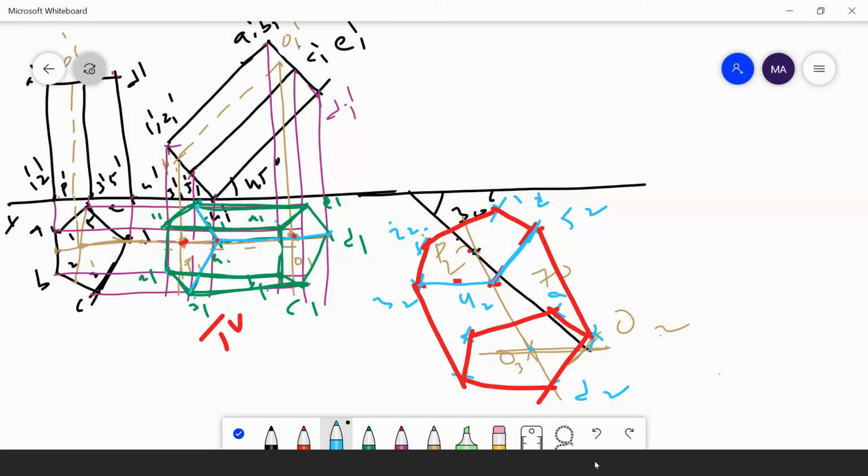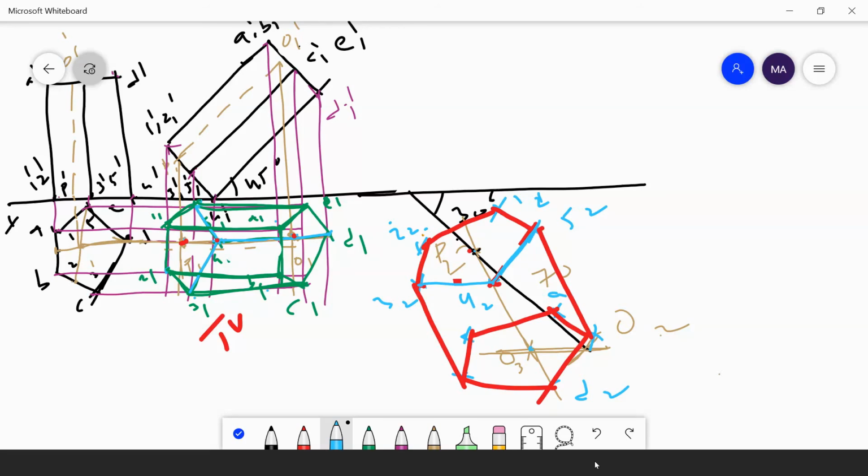I am marking the point, 2 here, 1 here, 1 dash, 2 here, 1 here. Next I am projecting 5, 3. 3 is this one, 5 is this one, and 4, here you have 4.